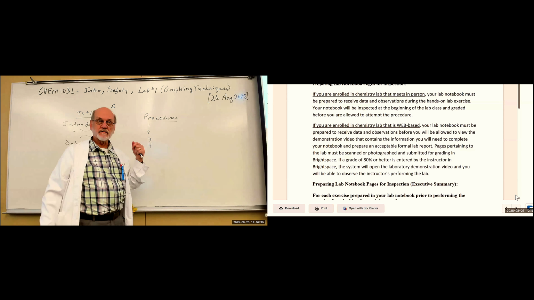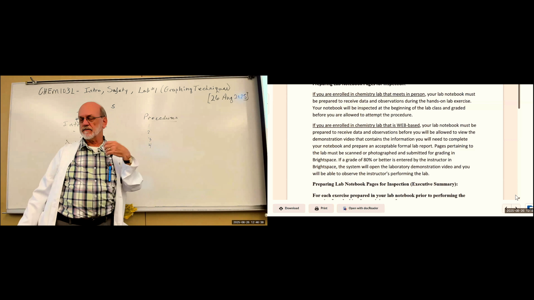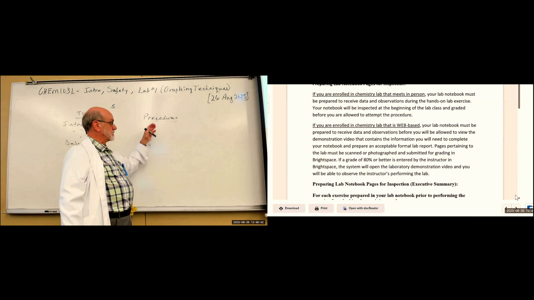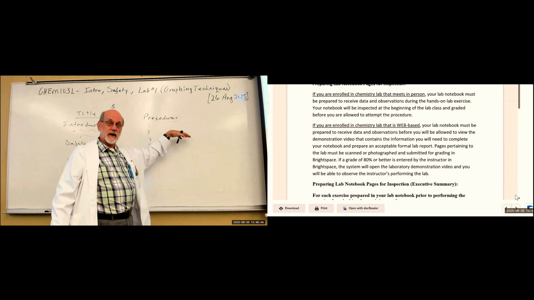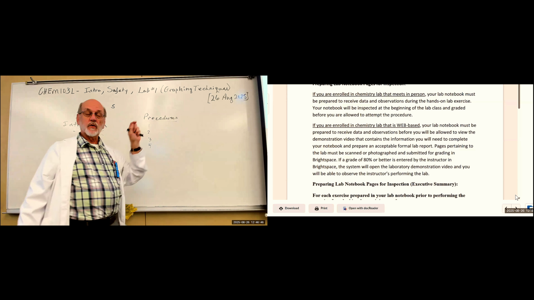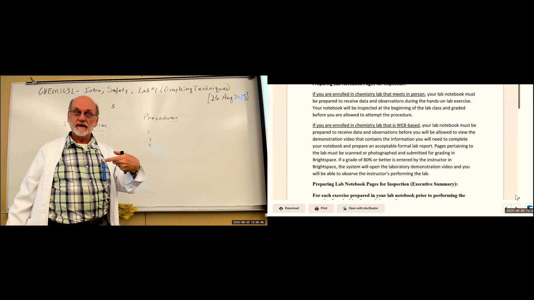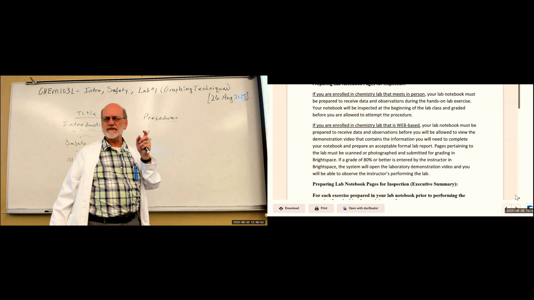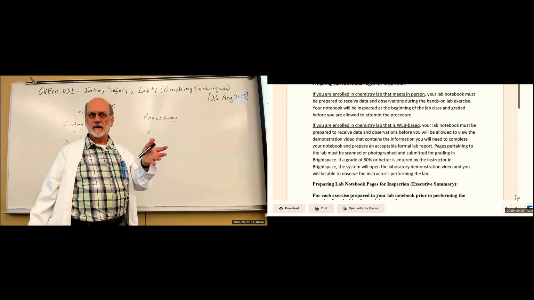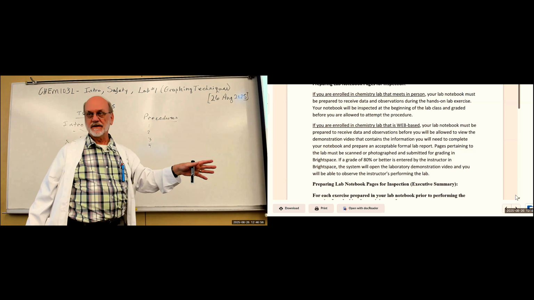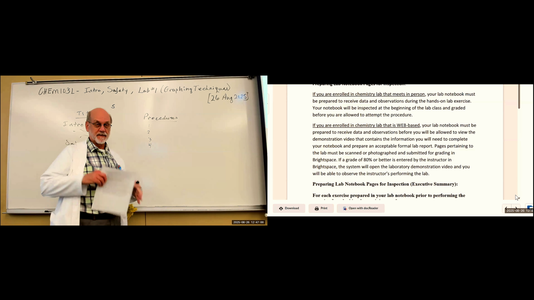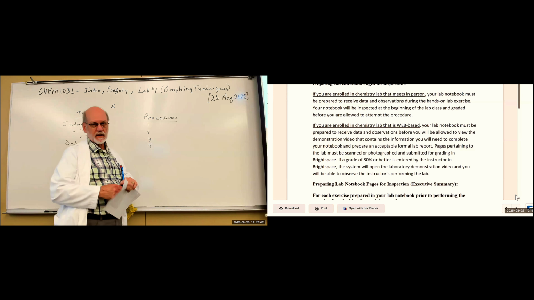If you're supposed to weigh out 10.5 grams of sodium bicarbonate, then you say weigh out 10.5 grams of sodium bicarbonate. But when you actually do the weighing, you get a different number, slightly different, maybe 10.4963. That goes in the data section. This is just instructions on what to do. Okay, that's your procedure.